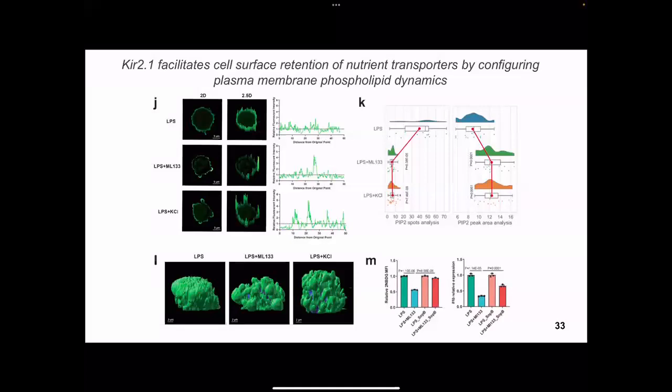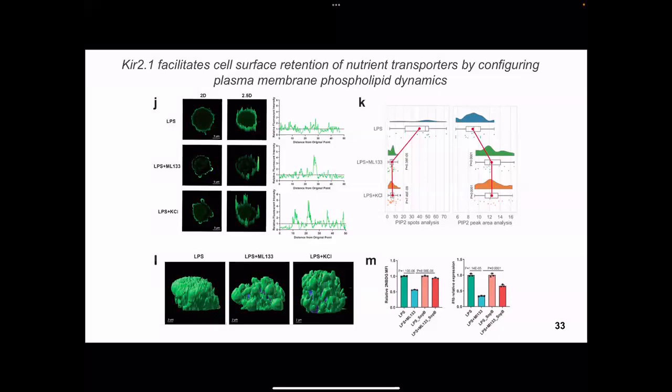So we used the PIP2 antibody, and we found that although the amount of plasma membrane PIP2 was not changed, ML133 or elevated potassium led to significantly enriched PIP2 clustering on the plasma membrane of LPS-stimulated macrophages.